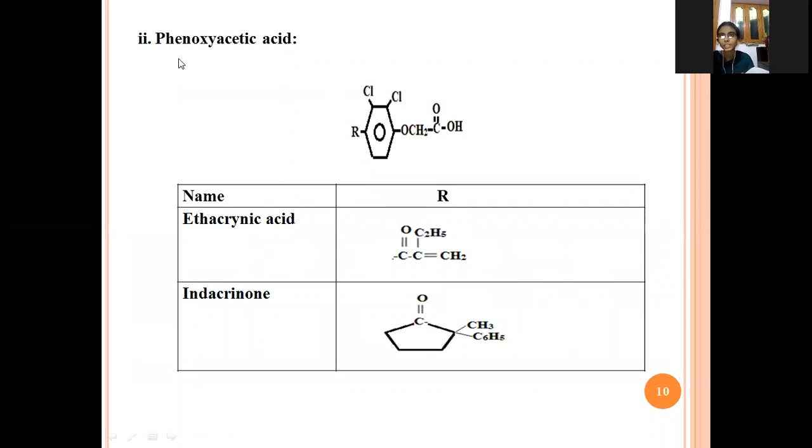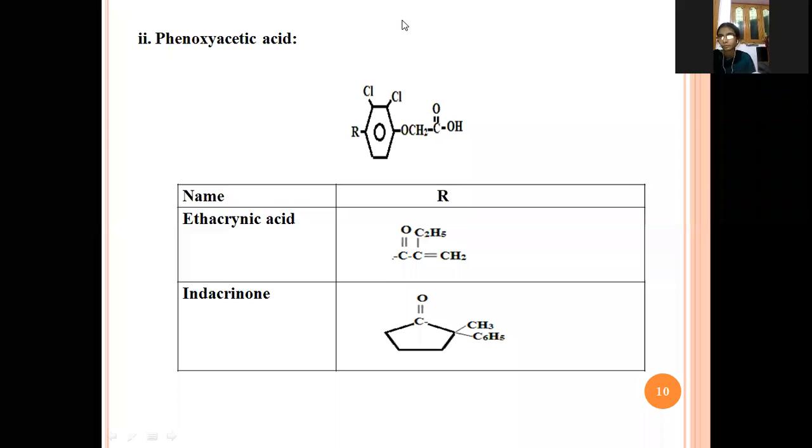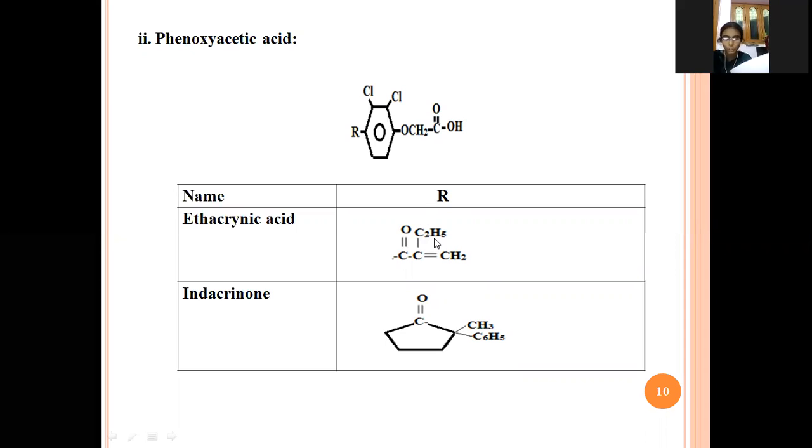So next is phenoxyacetic acid. This is the structure. If you see here, in R position, if we replace the different atoms, we will get the different drugs. So first one is ethacrynic acid. So in R position, the ethylene butanoyl is attached.